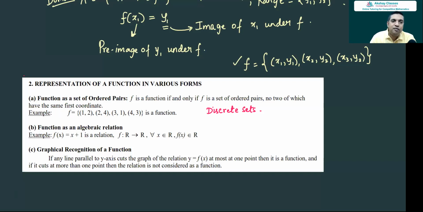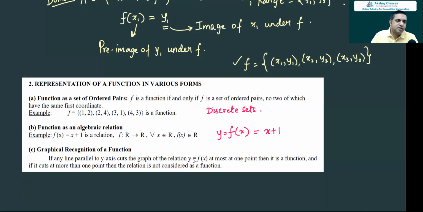So we write a function as an algebraic expression. y, your value within the codomain, is a function of x, and it has a certain expression. Here we have taken x plus 1. This is an expression, and most of the time we deal with functions with these expressions.